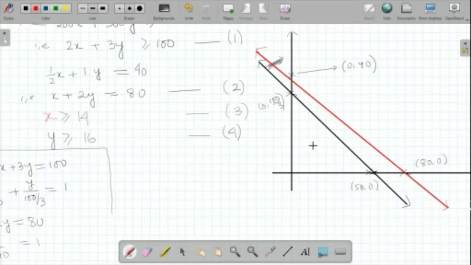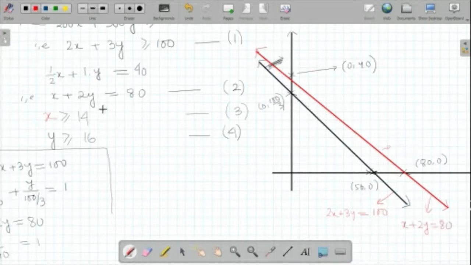Okay, and moreover, this is 2x plus 3y equals 100, and this is x plus 2y equals 80, right?